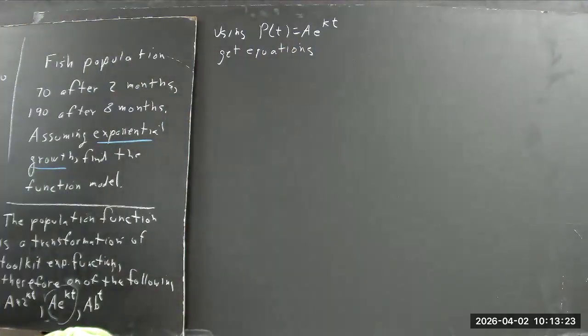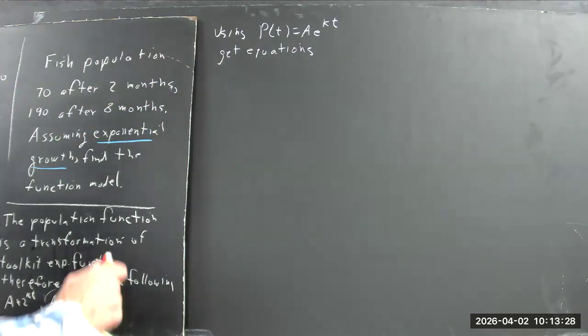Well, what are our equations? Our points are (2, 70). When t is 2, p should be 70.